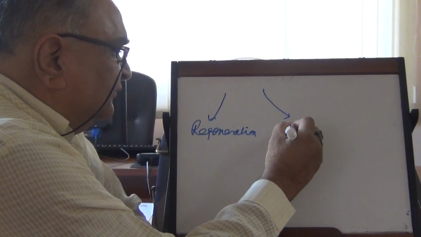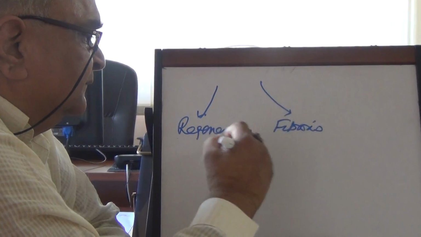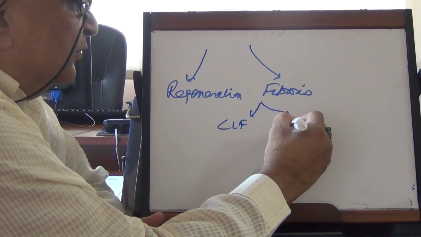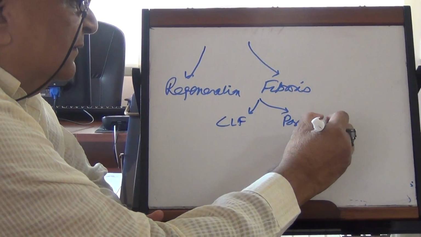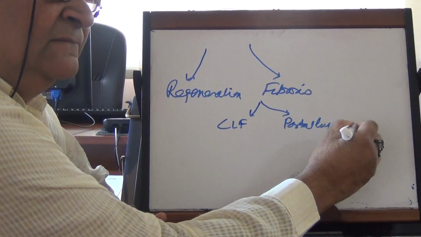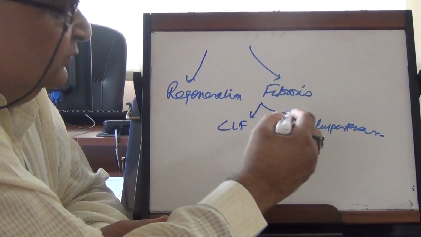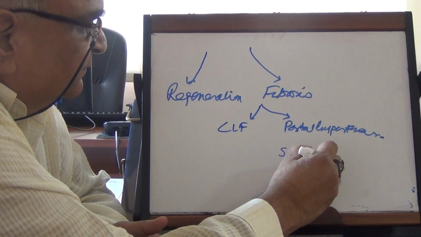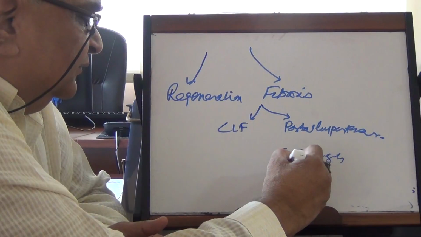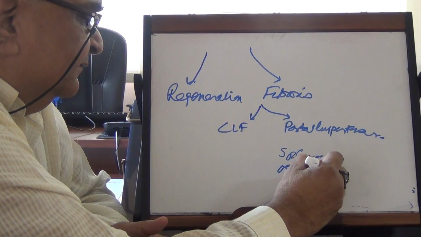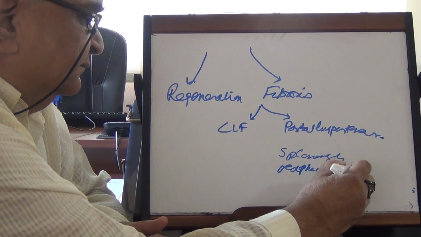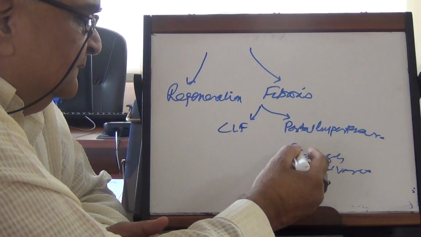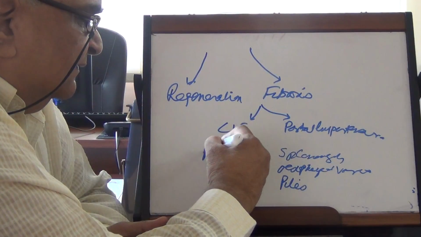But if there is too much of fibrosis, then you go to chronic liver failure and you go to portal hypertension. Now this portal hypertension causes a splenomegaly, causes esophageal varices, and can cause piles and can cause ascites.